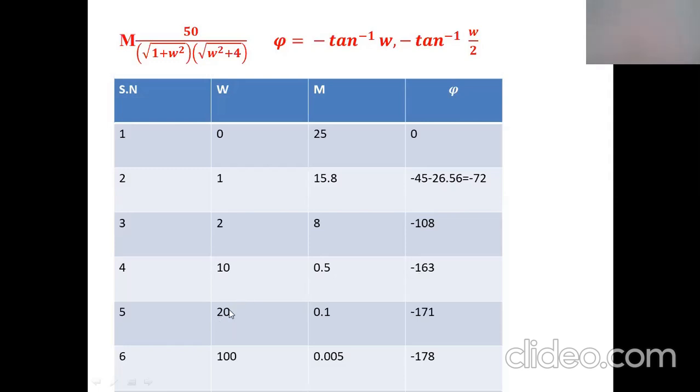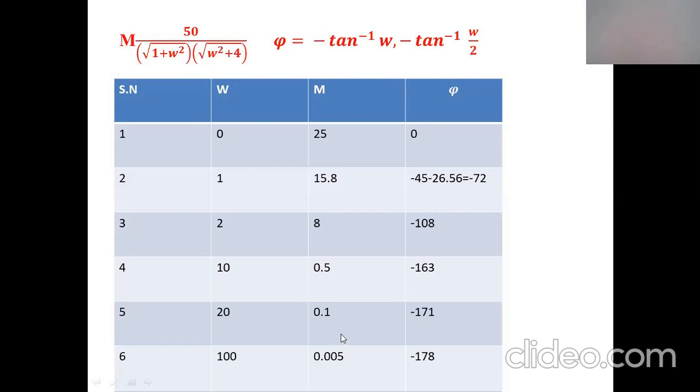Maybe you can look at one more, because it's very important to understand how to fill this table. It is the backbone of our Nyquist criterion. You must be able to do the polar plot. So once more, if omega is equal to 20, 20 squared is 400, so you're going to have root 401 here, and here we have root 404. So 50 divided by root 401 times root 404.